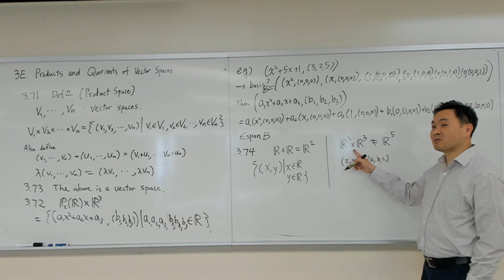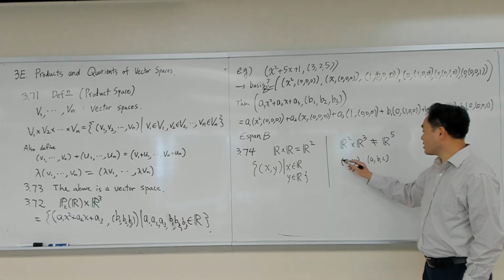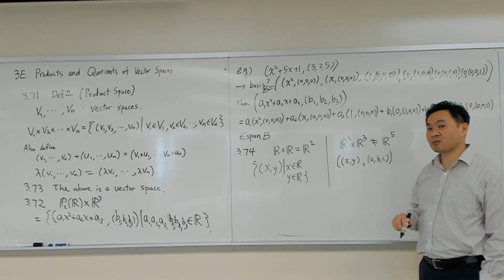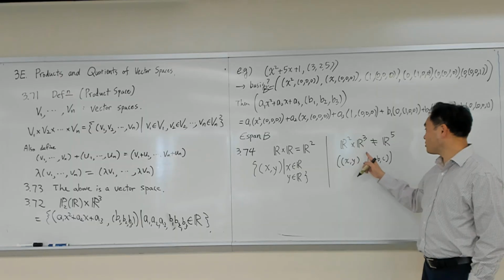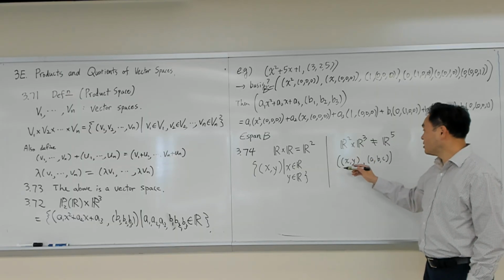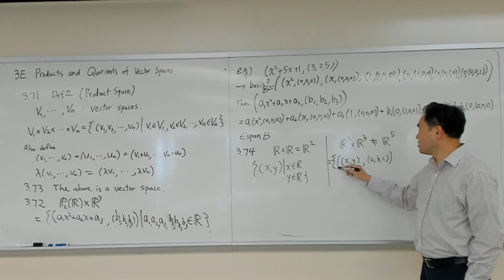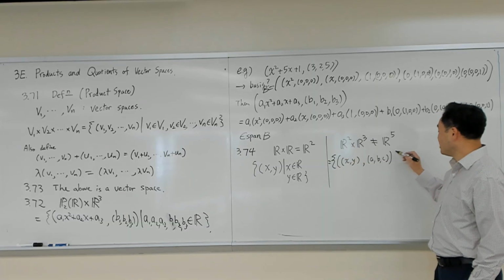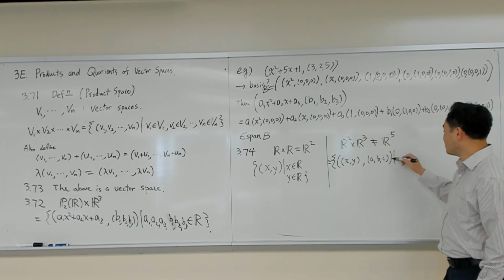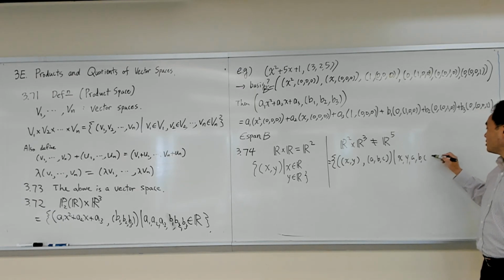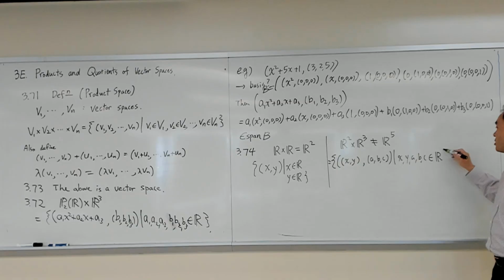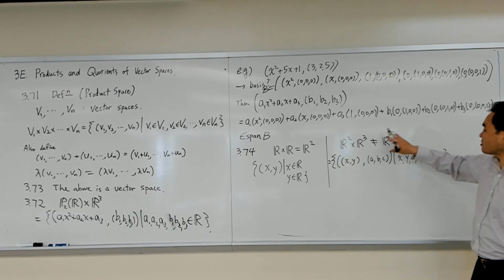And then what does the product space contain? Well, it collects lists of vectors, one vector from the first space, another vector from the second space, right? So this left side would be the same as this with x, y, a, b, c being real numbers, right? So that's what you have.